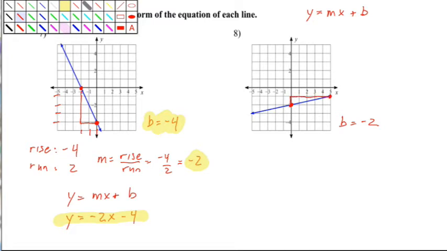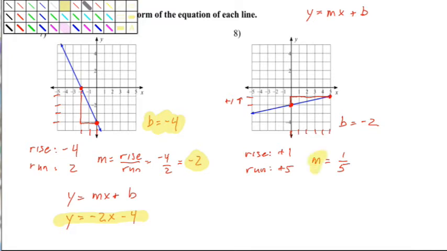And then we're going to count off our rise, which is plus 1. That's a change of plus 1 going up. And then our run is going to be 1, 2, 3, 4, 5. So it looks like our run is plus 5. Our slope is equal to our rise over our run, so this becomes 1/5.